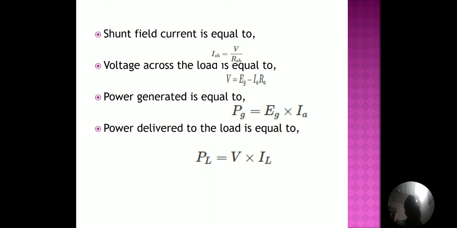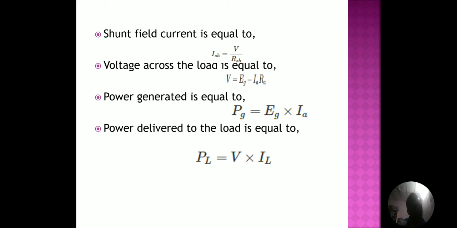The voltage across the load is equal to EG minus IaRa, where EG is the EMF generated, Ia is the armature current, and Ra is the armature resistance. The power generated is given as Pg, which is equal to Eg into Ia, where Eg is the EMF generated and Ia is the current.